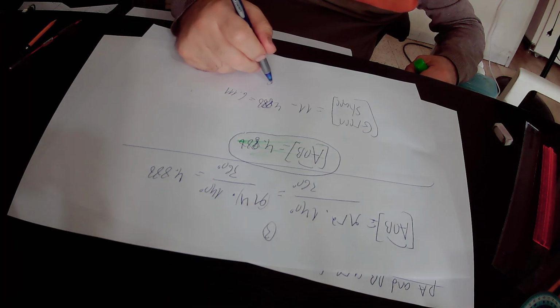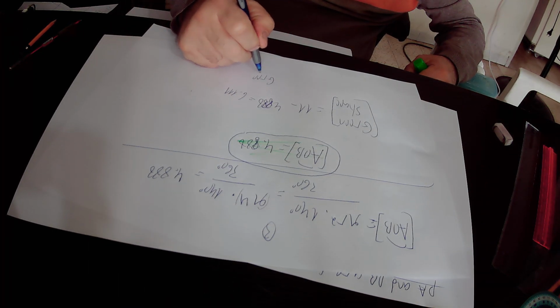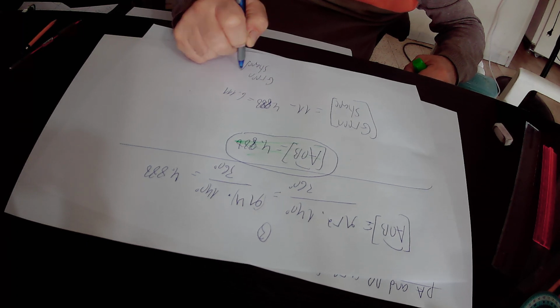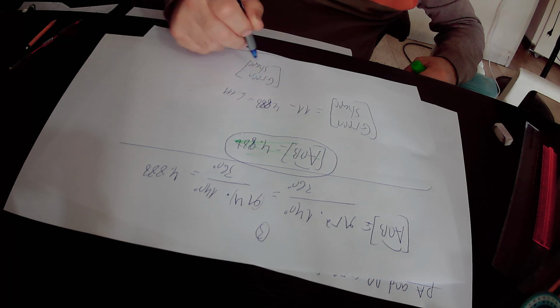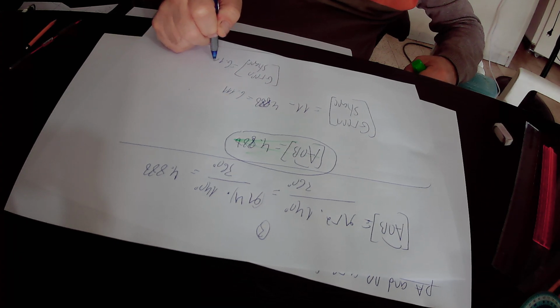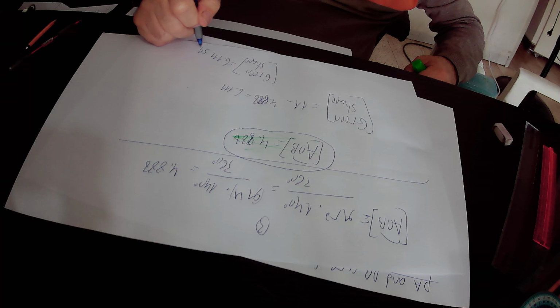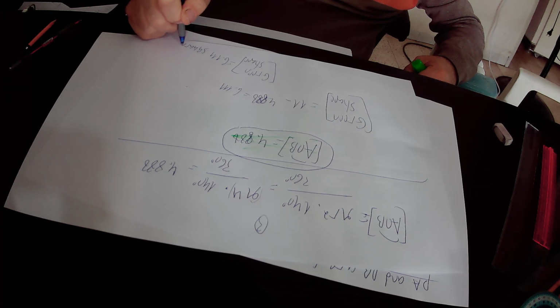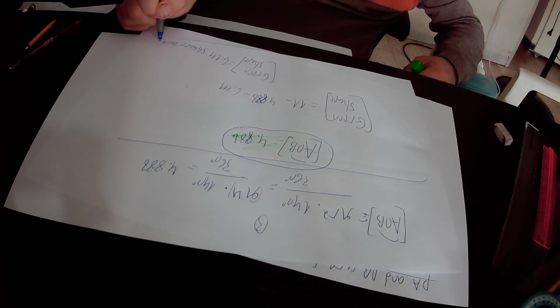In conclusion, the area of the green shape is equal to 6.111 square units.